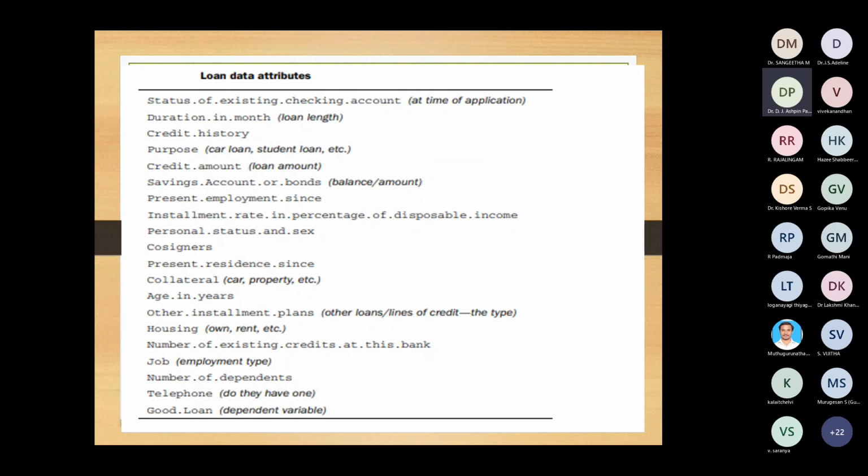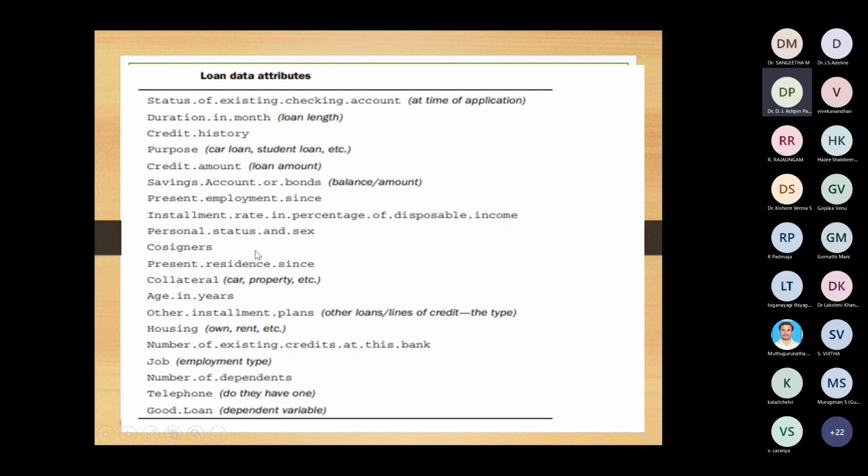But it is not like that. Here, instead of income, you can go with the installment rate in percentage of disposable income. This information will be more useful than income. This is the stage where you conduct initial exploration and visualization of the data.